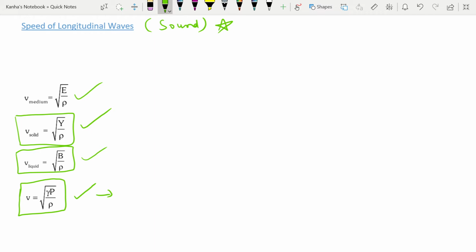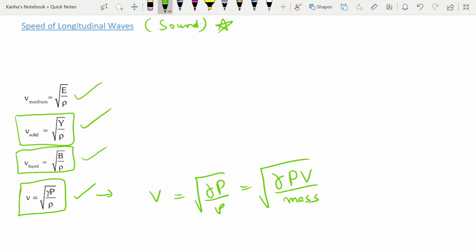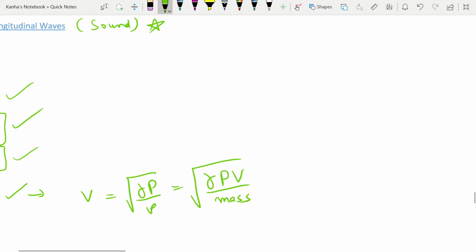First of all, for a gas, gamma and Mw, the molecular weight, are constant. I'll write my velocity again. It is equal to root of gamma P by rho. Using the gas equation, I can write this as gamma PV by mass, because rho is equal to mass by volume.